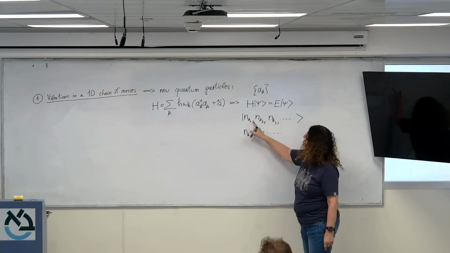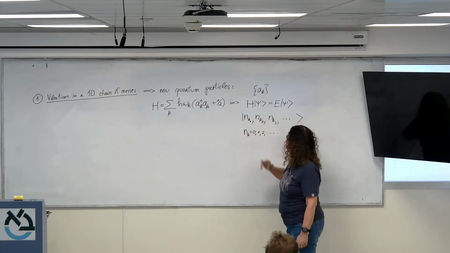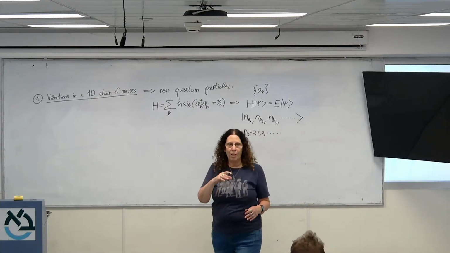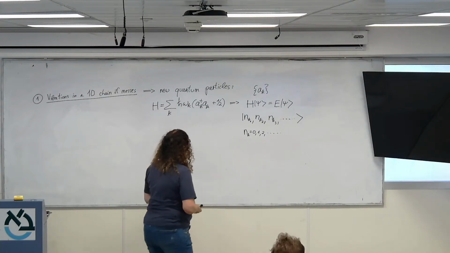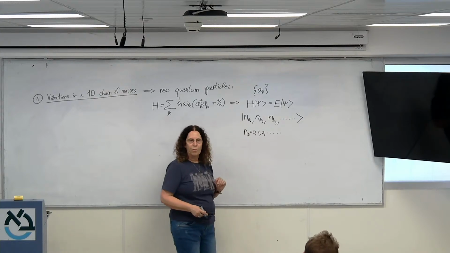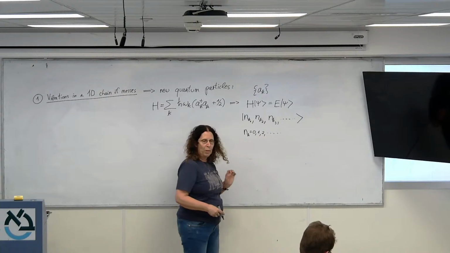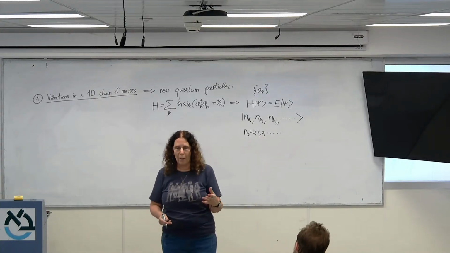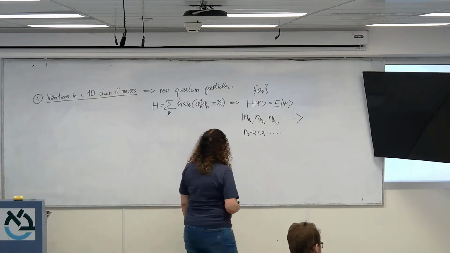Okay? So if I'm writing a state like this, it means that I have a system where I have many quantum states, and each of them can be occupied by some number of these elementary particles. And these elementary particles are bosons because they can occupy more than one, can be put in the same quantum state.